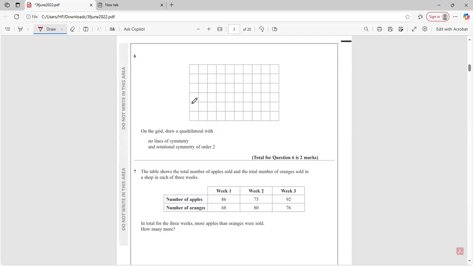No lines of symmetry at all. So what I'm seeing is that rotational symmetry of order 2. Let me see how that would look.